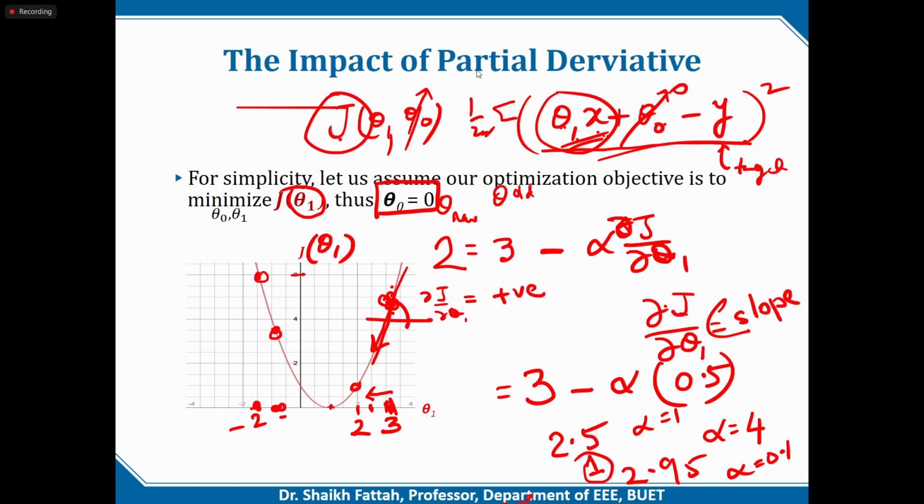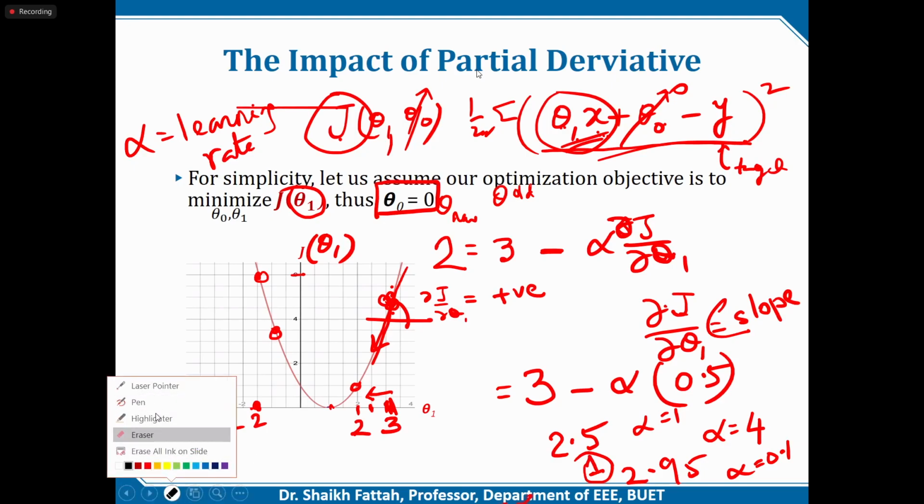So this alpha is called learning rate. Alpha is learning rate, how you will change. So even if you have some question or doubt, you can tell me, because if this slope, we take it on this side for, let's see, minus 2, you can check it.